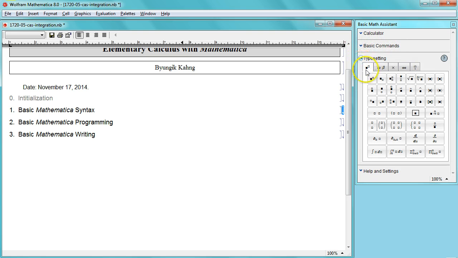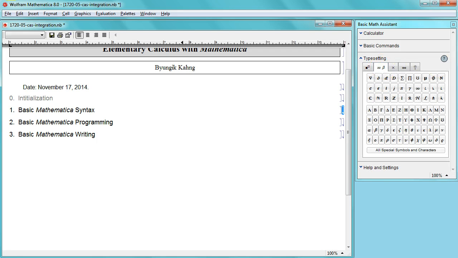And typesetting. Here the first box has a variety of subscripts and superscripts and so on. How to get a fraction is there, some matrices and integrals and things like derivatives are there. The second box with this infinity and Greek beta symbols will give you a variety of characters.